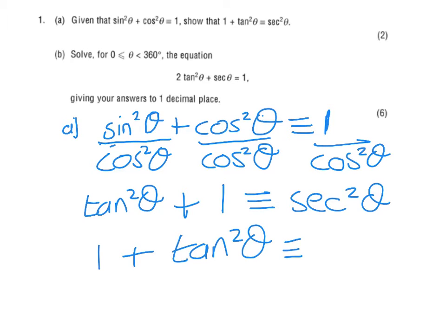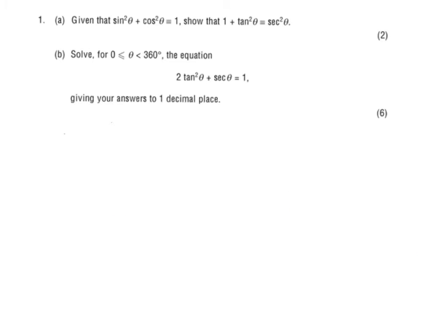Is equivalent to sec squared. So the point of that part is to show that you can derive the given Pythagorean identity, dividing through by cos squared. Okay, that's part A done. Let's look at part B.